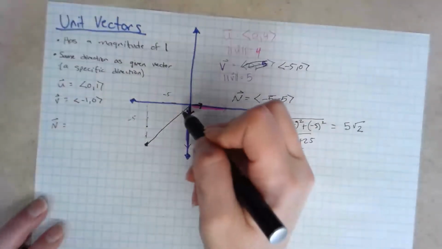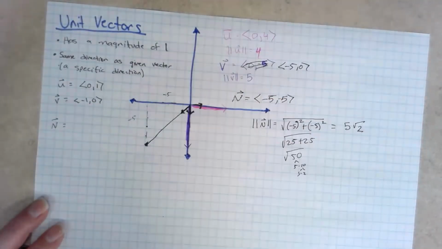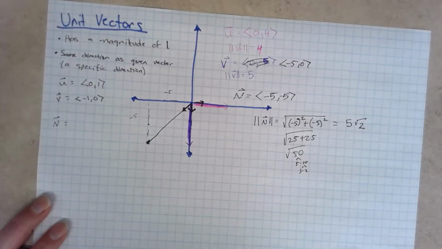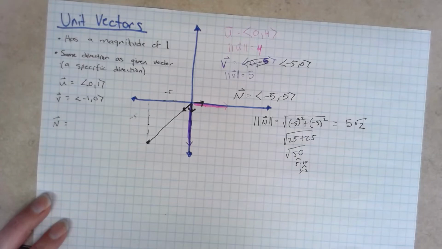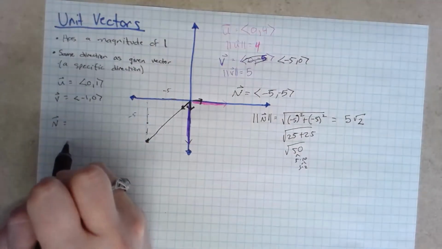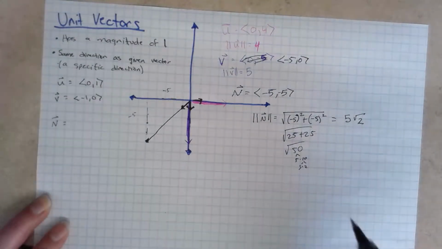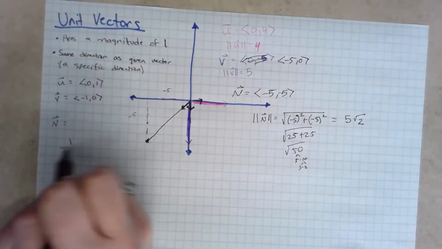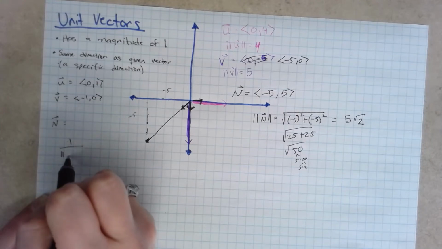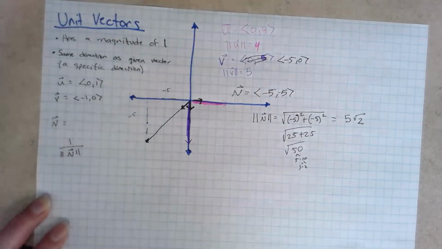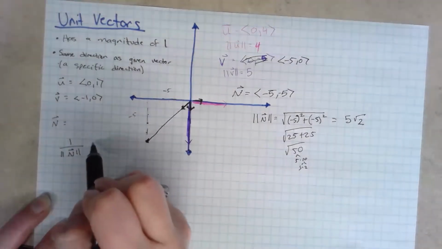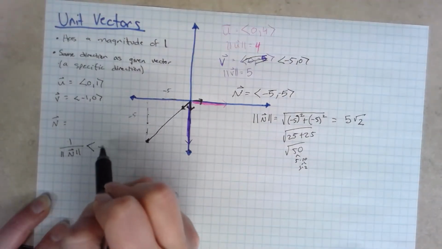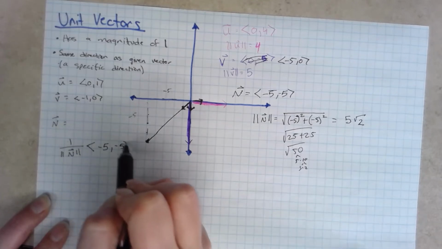So we need a magnitude of 1. We need a little unit vector there. Just like with our horizontal and vertical, we are going to take our vector and divide it by the magnitude. So instead of dividing by the magnitude, I could multiply by the reciprocal of the magnitude times my vector, negative 5, negative 5.